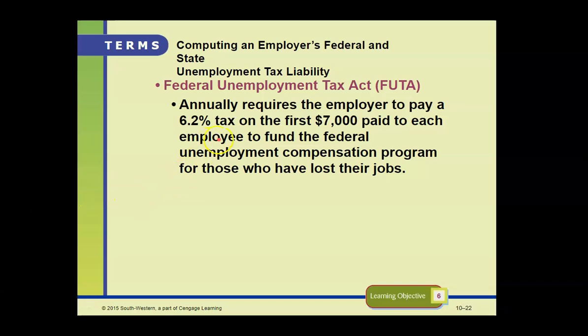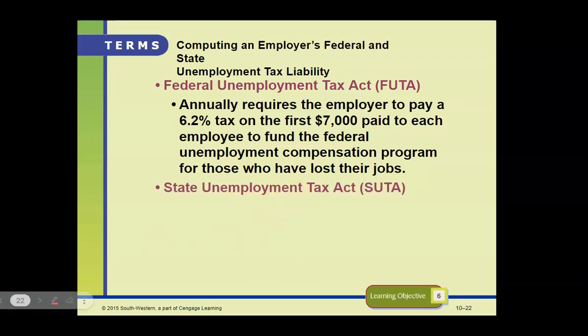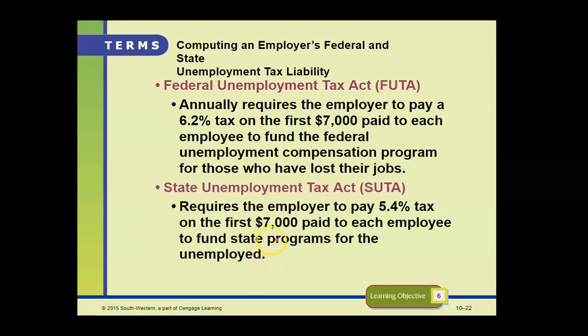And so basically, they need to pay 6.2% on the first $7,000 that's paid to each employee. For the state unemployment tax, they're required to pay 5.4% on the first $7,000 paid to each employee as well. Okay, and then there are some examples of how to calculate everything in this week's practice problem example video.